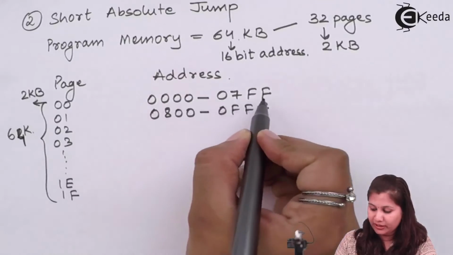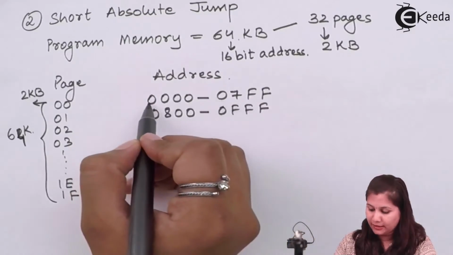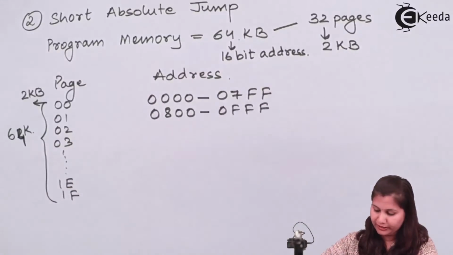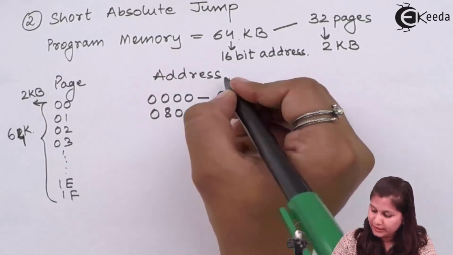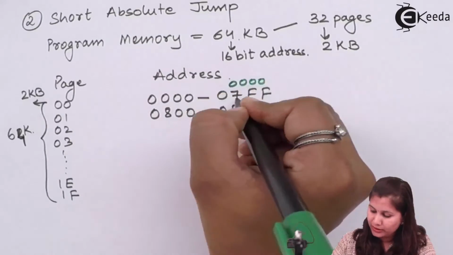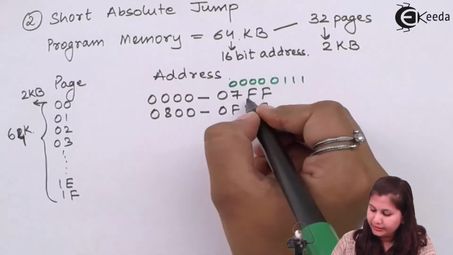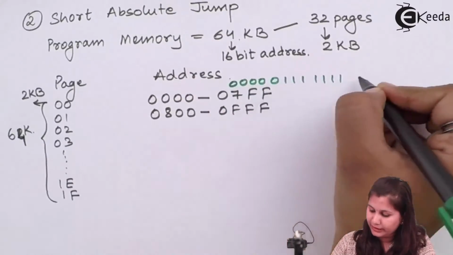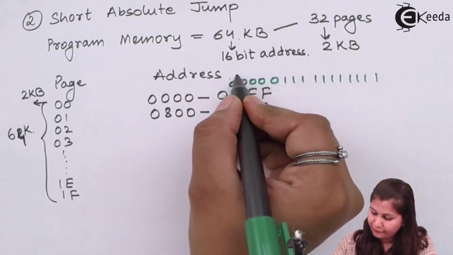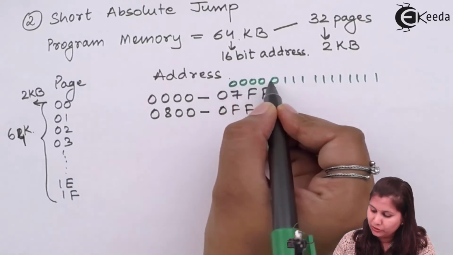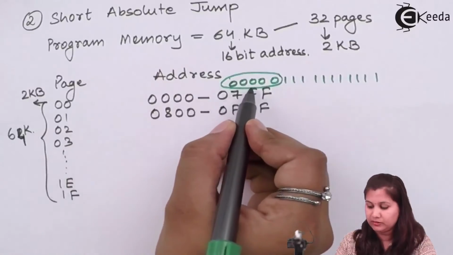Now if you see the addresses, the first bit is 0. If we expand this, all the bits are 0. In this case 0000, then we have 7, then F, and then F. So the starting 5 bits are constant.